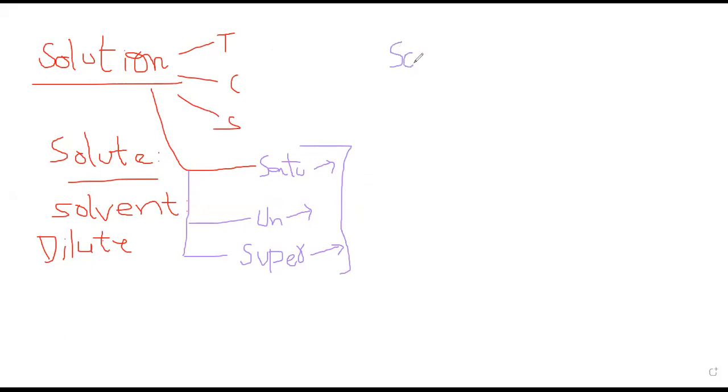In Kohlrausch law, while dealing with the applications of Kohlrausch law, we had seen that by using conductance measurement we can calculate the solubility, which is represented by S. What is solubility?